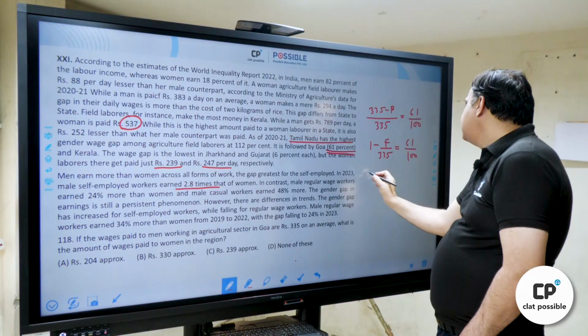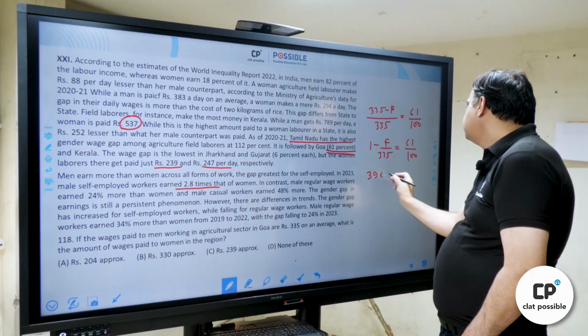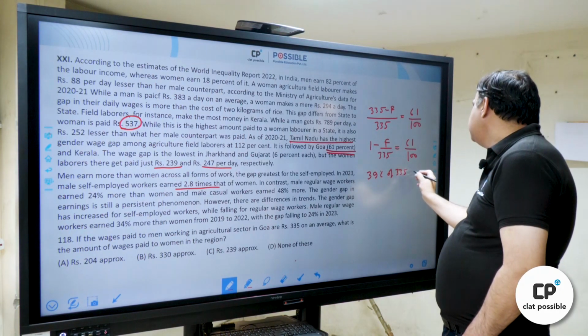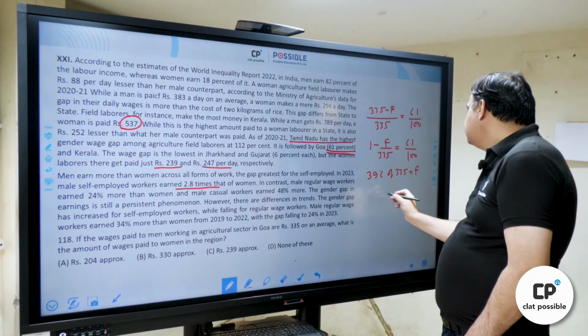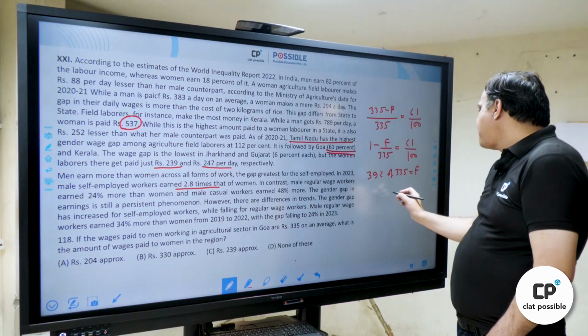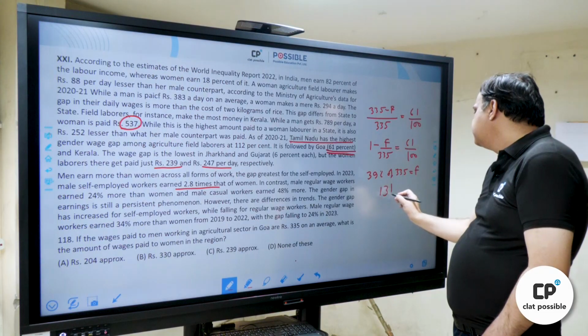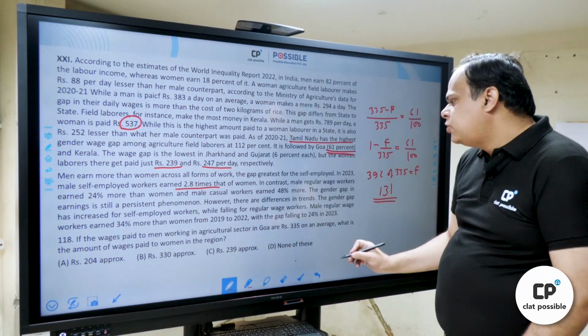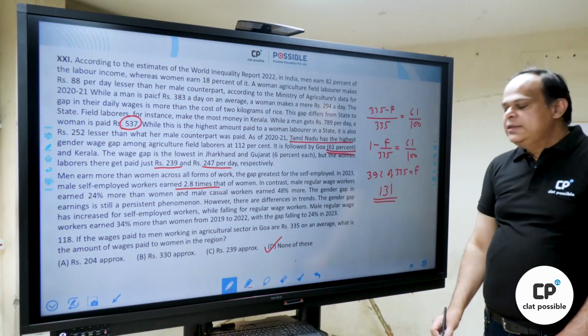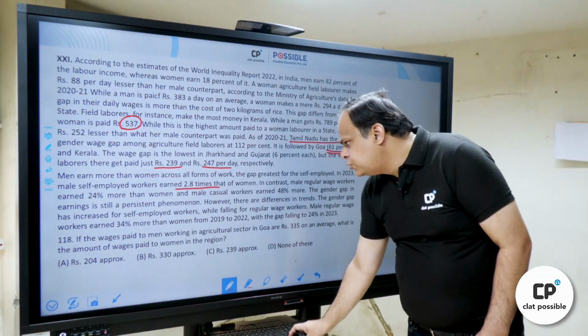So it's basically 39% of 335 that will be the female salary per day. So it will be 131 rupees. That's not given in the answer options. So the answer will be none of these. Let's go to the next question.